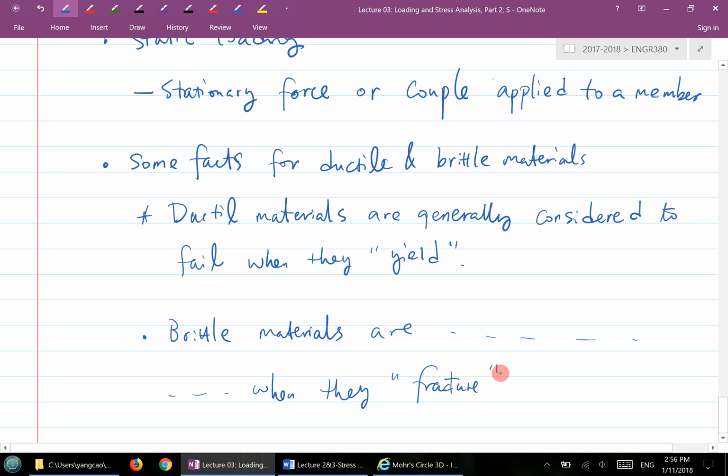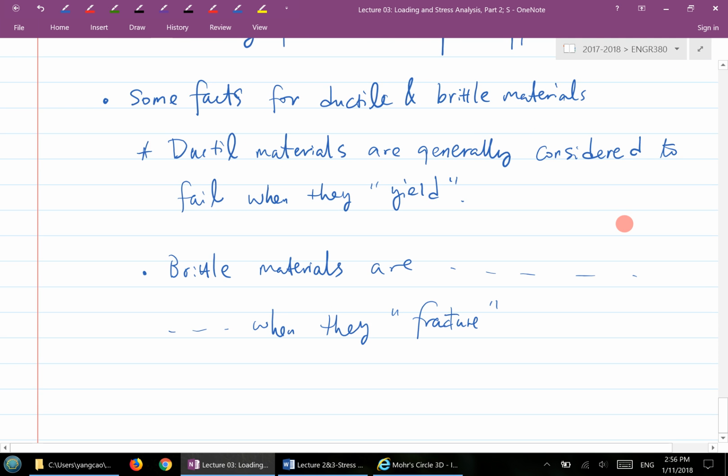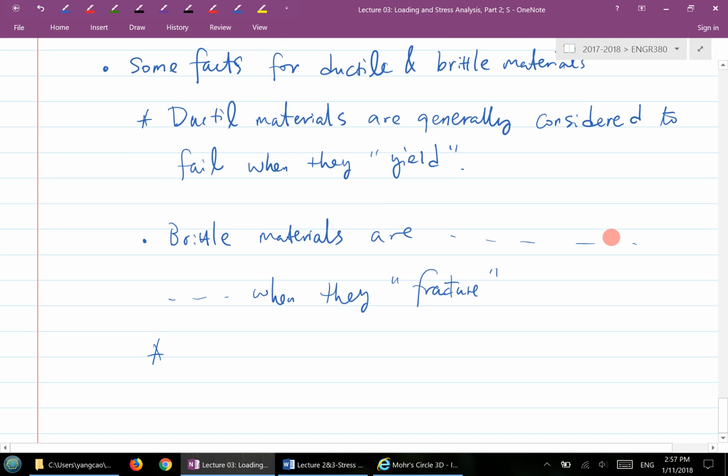With ductile material you see some kind of twist or deformation, but in brittle material you basically see pieces here and there, and that's fracture for brittle material. So how do we differentiate between a ductile material and a brittle material? We basically use the strain at fracture.